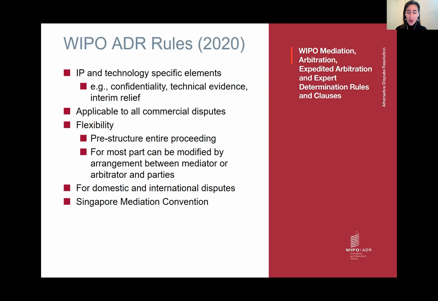So for example, we have a very strict confidentiality code, some confidentiality provisions. We also have some specific provisions on technical evidence, which basically explain how some technical evidence can be introduced. For example, experiments, site visits. These are all elements that may be present in IP disputes. So it's quite useful to have a body of rules governing that.